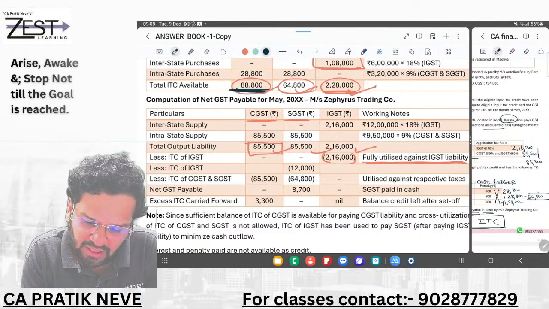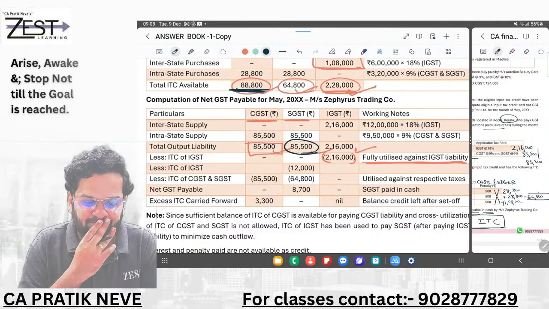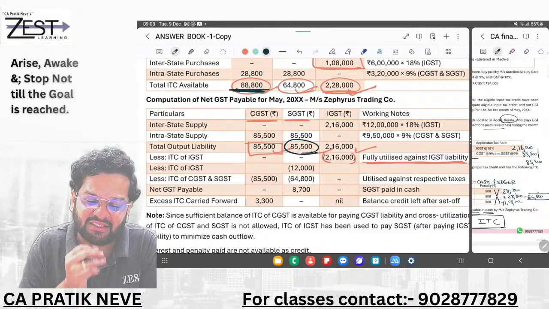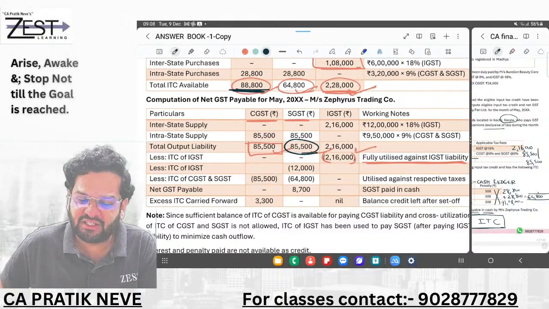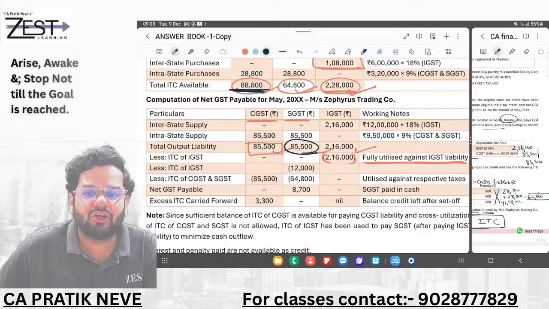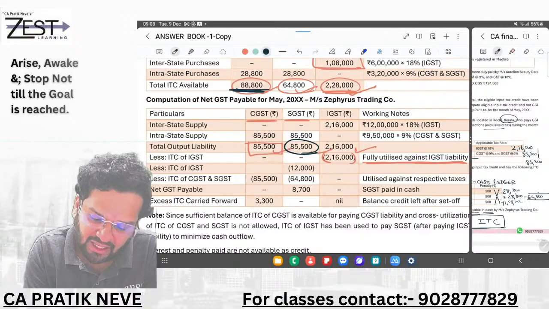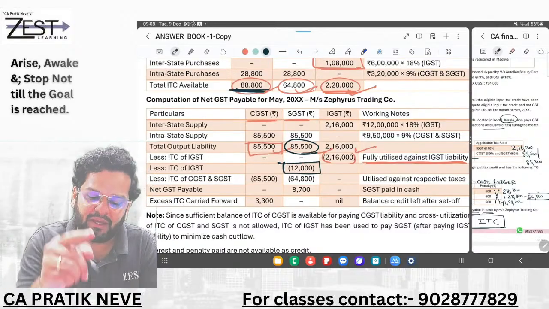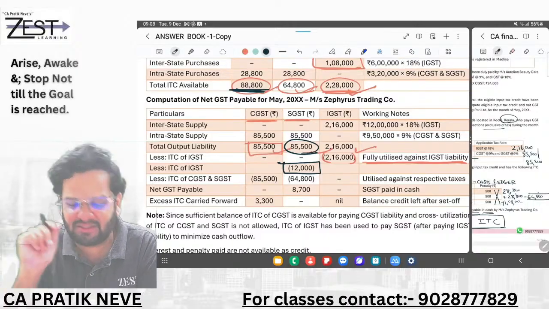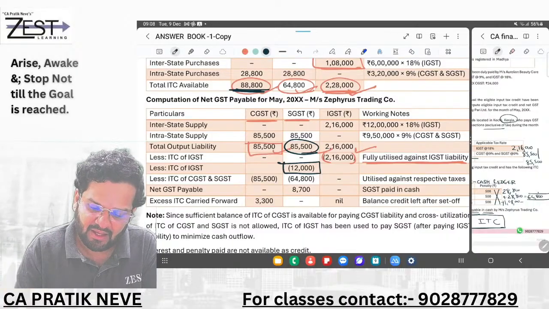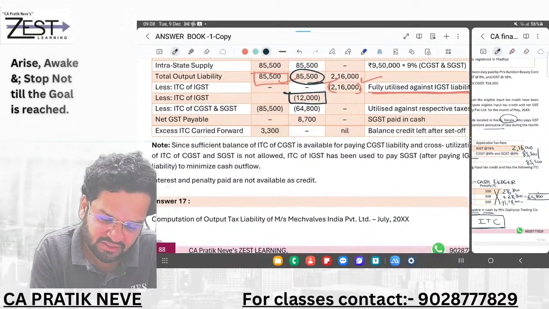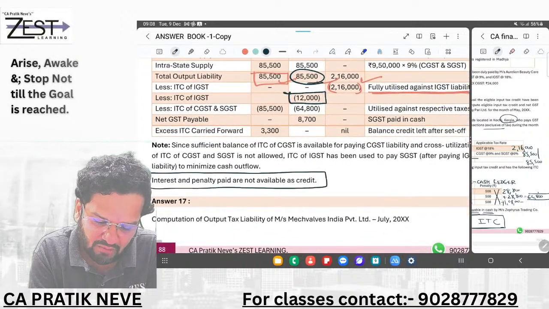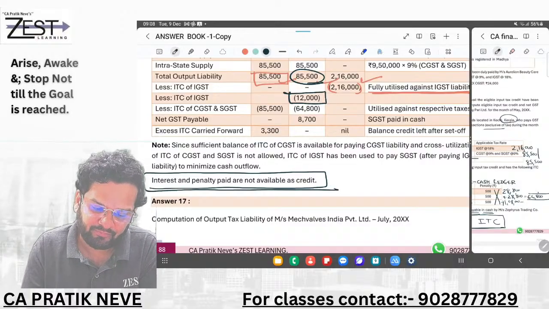SGST's output tax is 85,500, but its ITC is 64,800. So yes, we are lacking in the SGST. So the remaining ITC of IGST, the entire 12,000, you will use against SGST, and then accordingly calculate the net GST payable. And as we discussed, interest and penalty are not available as credit.